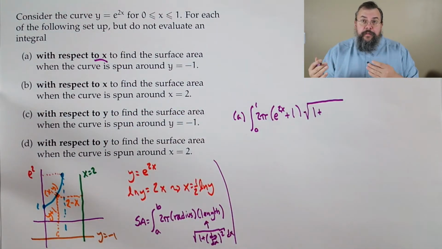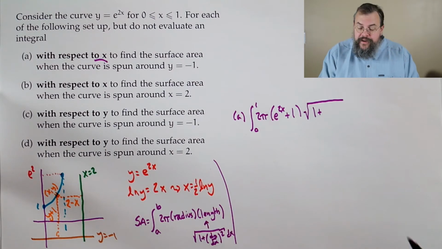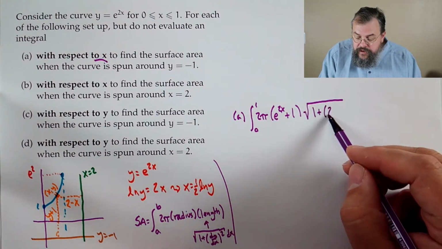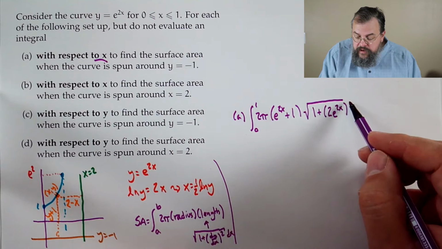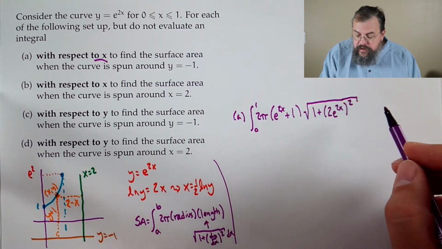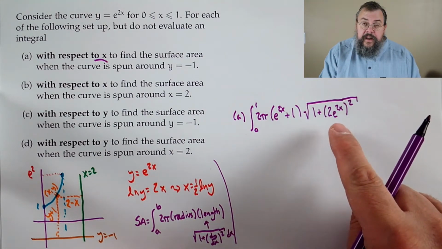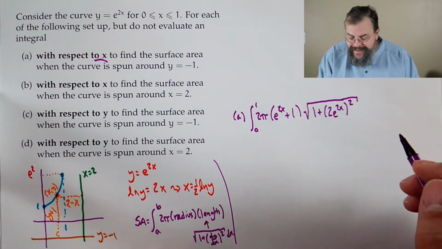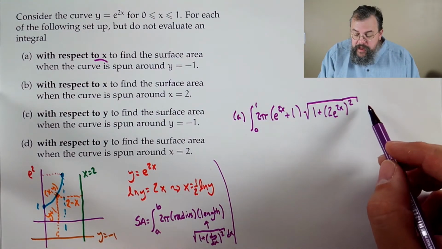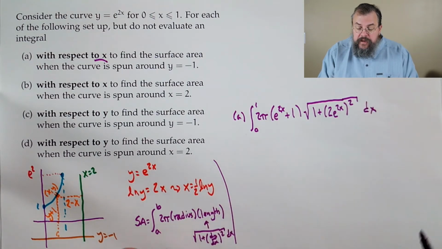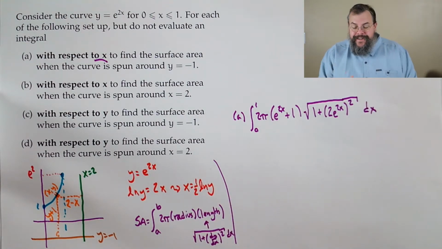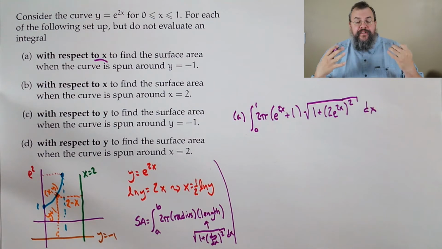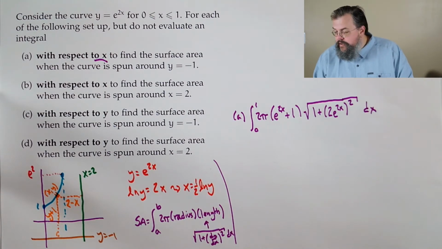Well, that's not so bad. The 2 comes down, and so it'll be 2e to the 2x, squared. And we'll just leave it like that. If we really want to, we could write that as 4e to the 4x, but we're satisfied with what we have here. And then dx. And we're done. See, it's not so bad because it's all about the setup.